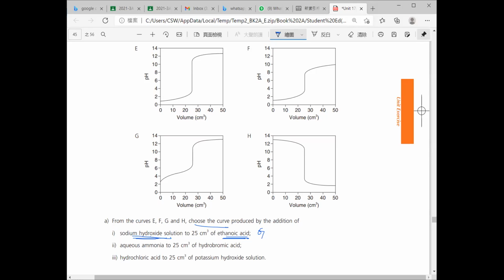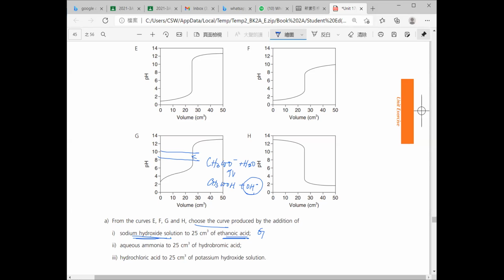The equivalence point will be having a slightly alkaline solution. Okay, so it's somewhere here, right? So it is because of the hydrolysis of ethanoate ion. And a slight excess of extra hydroxide ion will make the solution alkaline, G.